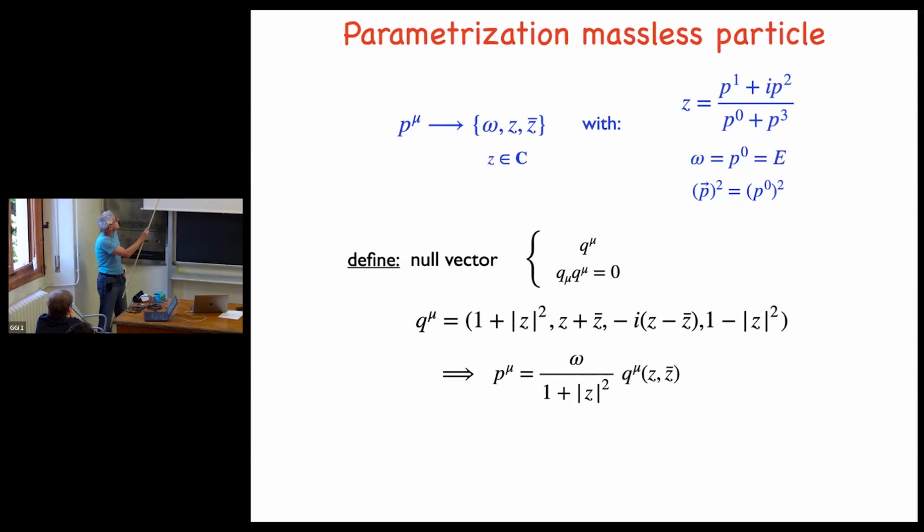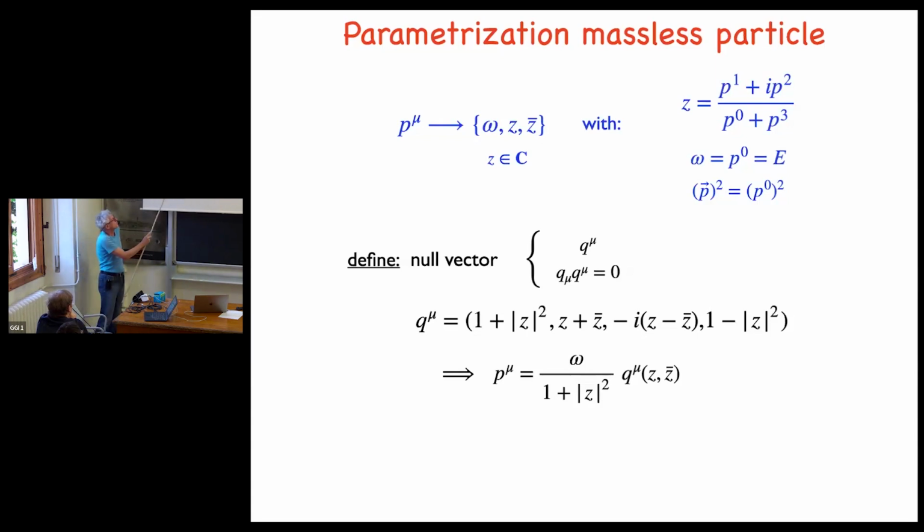So of course, this is an on-shell massless momentum, so it has three independent real parameters, which we can map now to this one complex coordinate z and another third real variable. So z has two real variables, and then we have omega. But omega is just the energy, so it's p0 of this momentum, so that we keep for the moment.